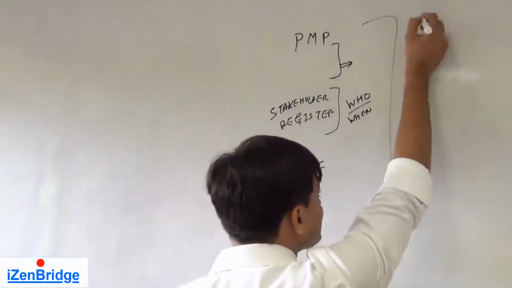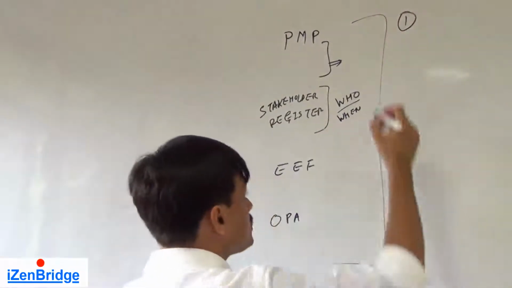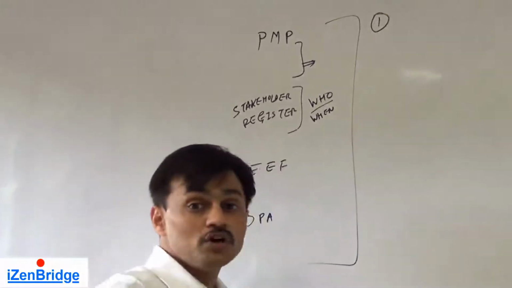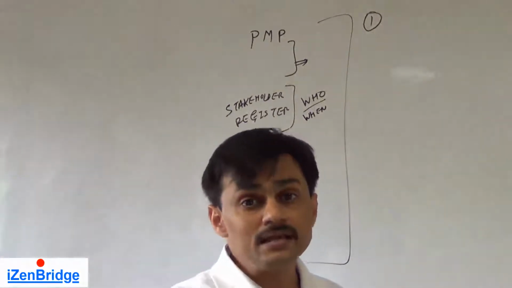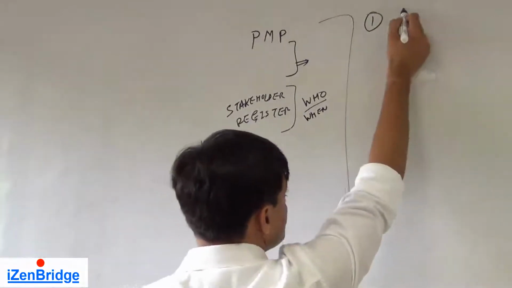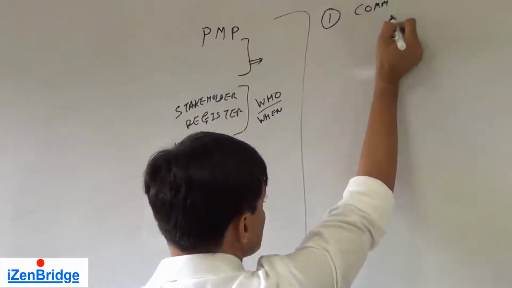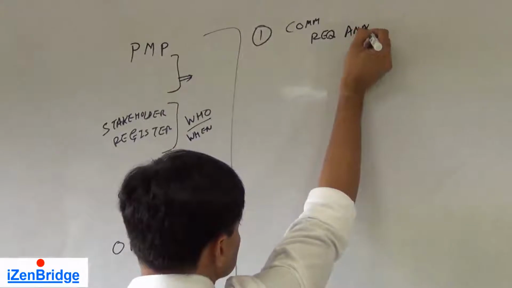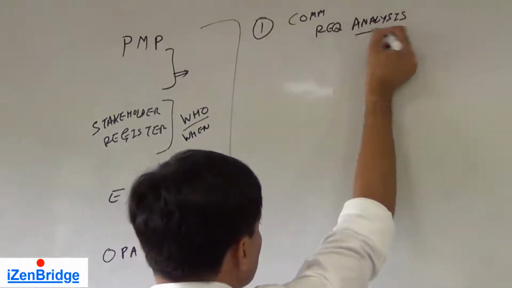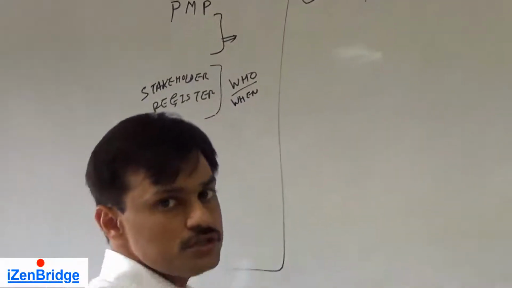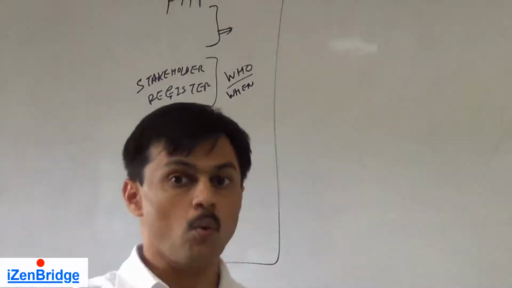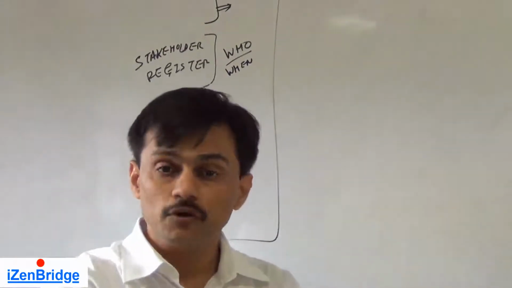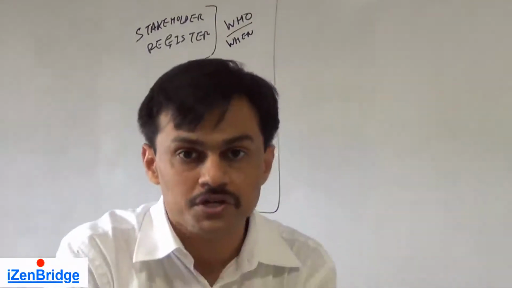So the first tool and technique which comes into the picture is communication requirements analysis. How do you do it? You look at the stakeholder register, and you identify what information they need, when they need it, and why they need it.